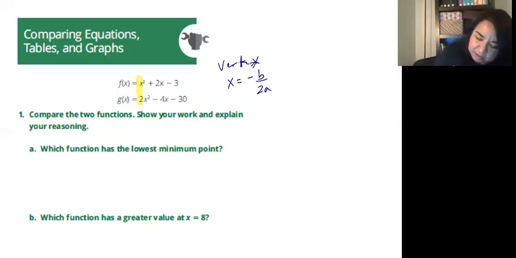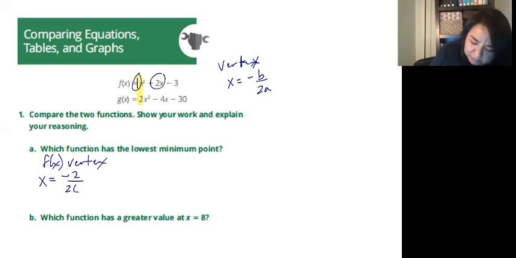So let's say I want to do that for f of x. I want to find the vertex of f of x. I'm going to use my formula, x equals the opposite of b. b in this instance is a positive 2, over 2 times my a value, which is 1. That gives me negative 2 over 2, which is negative 1.